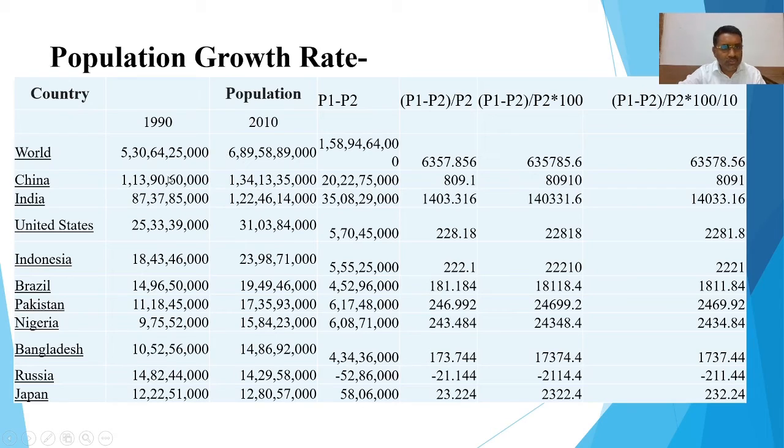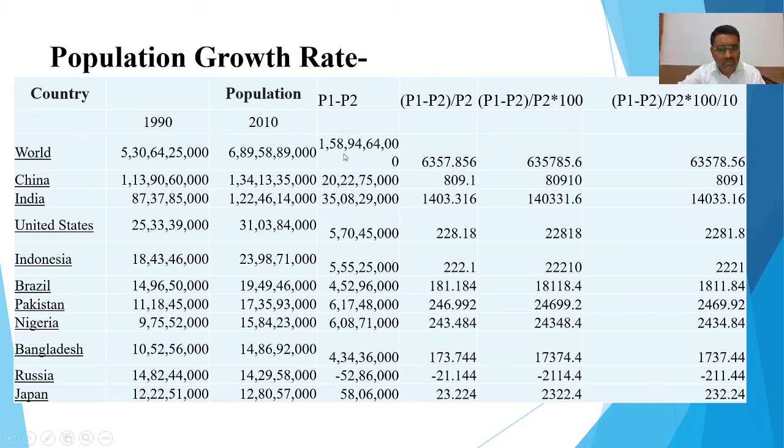I have subtracted it from the present population, whatever the values are, you can put here in P1 minus P2. The next column is P1 minus P2 divided by P2.